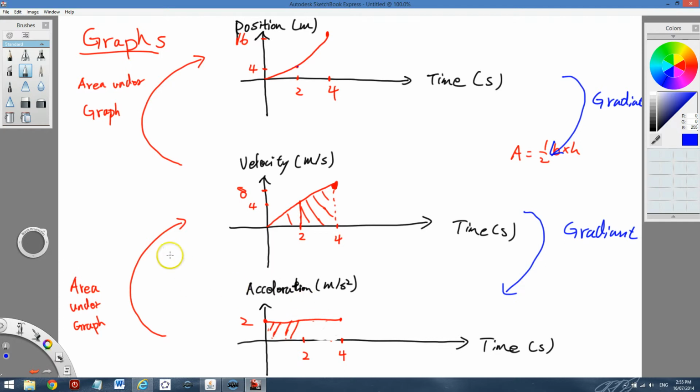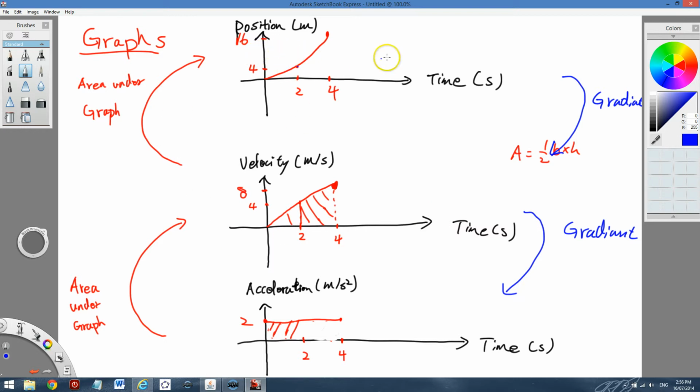Now I'm going to go through it one more last time. The area on the acceleration and time graph gives me velocity. The area on the velocity time graph gives me position or displacement.